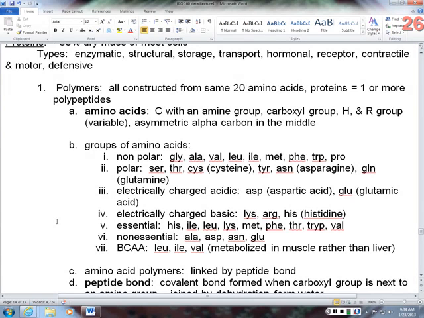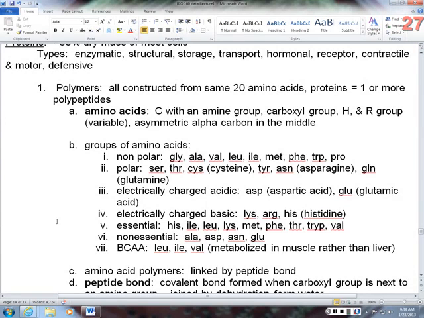So don't worry about knowing the names of them. Because they're nonpolar, they're going to get along with nonpolar molecules, which are fats. The polar ones are going to get along more with watery substances, because the rule of thumb is always like dissolves like.